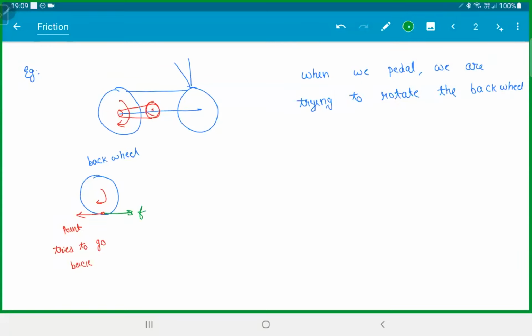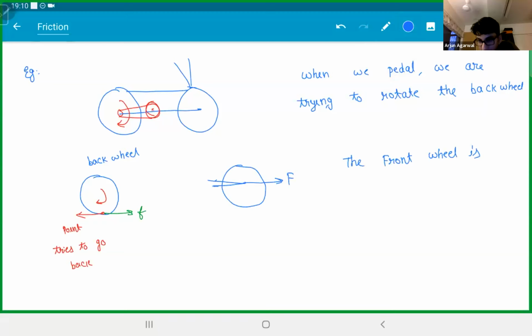But look at the front wheel now. The front wheel, this spoke, this pedal which is there, is pushing it. The front wheel is being pushed forward. It does not want to move on its own. Is this the right spelling of wheel? Okay. It is being pushed.